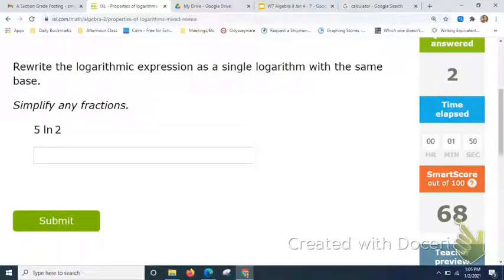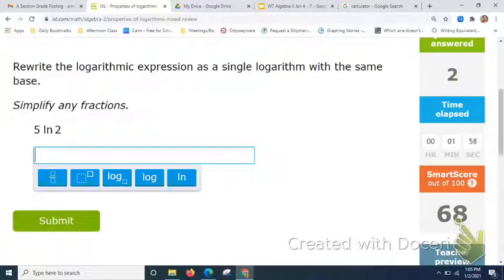So now we have that ln, natural log. It's just another way, kind of like common log. We still need to put the 5 on the 2. So we're going to say natural log instead of log. And then 2 to the 5th power is 32.